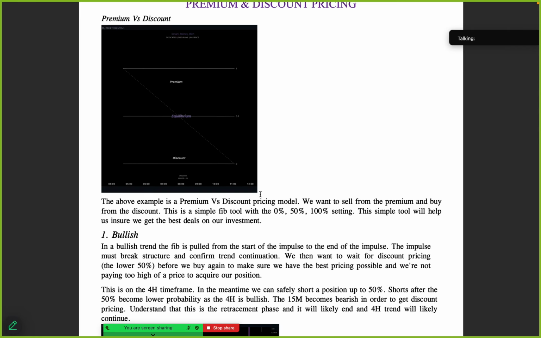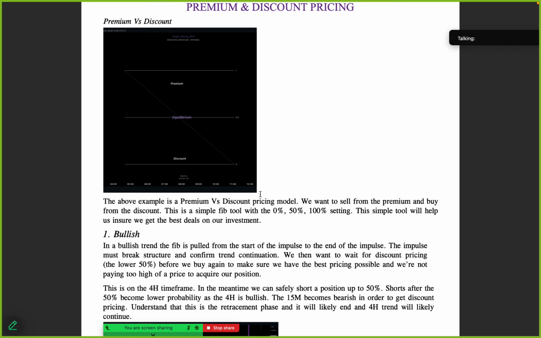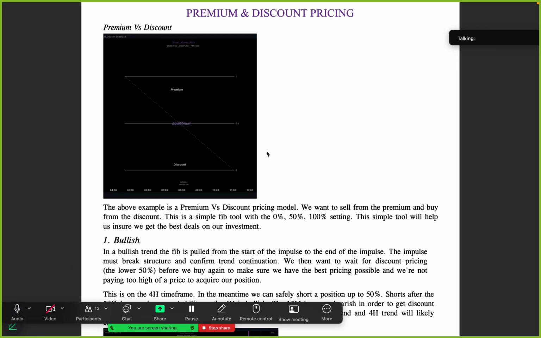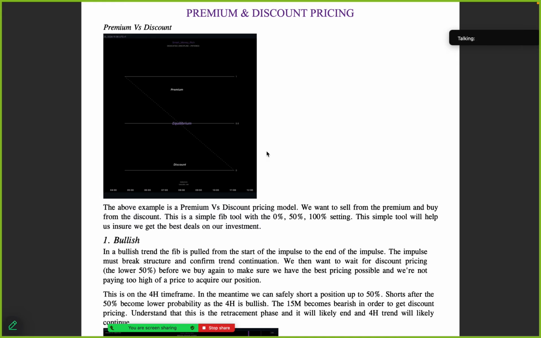This should be better. So what I have on my screen here is the premium and discount pricing PDF, which I will be using to teach you guys, and also use TradingView to show you examples as well.